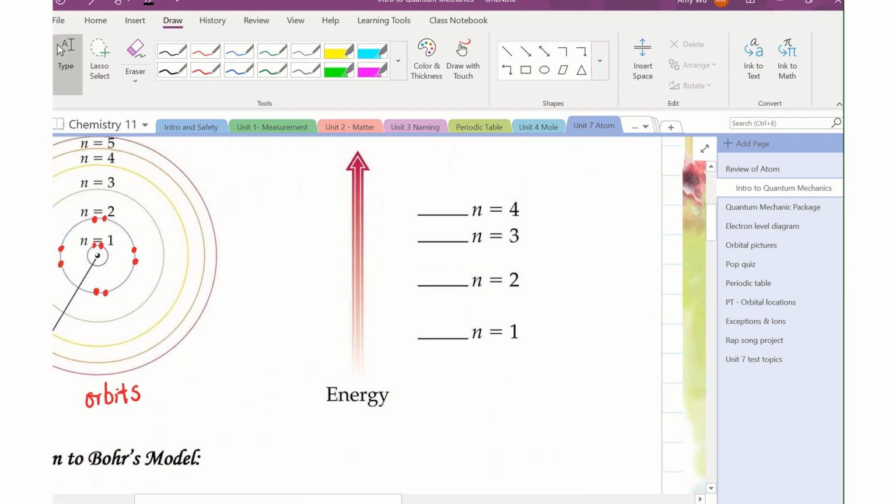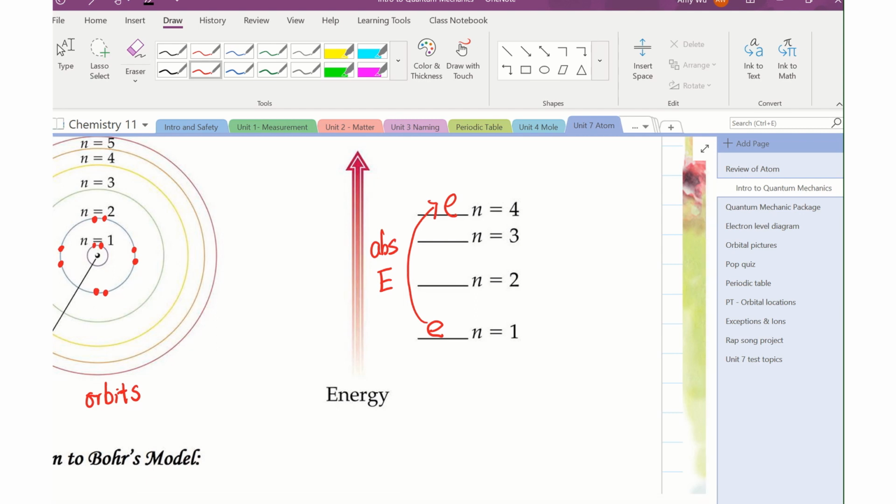We notice that when an electron gets excited, it can jump to a higher energy level. This is when electrons absorb energy and move from one energy level to the next.